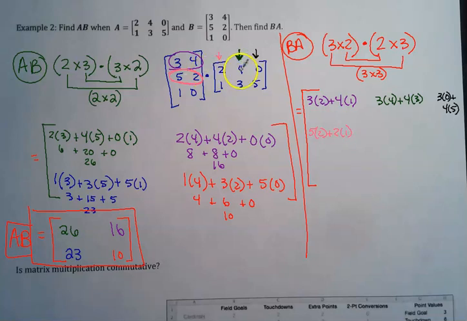So 5 times 4 plus 2 times 3. All right, and then on to our third column again. 5 times 0 plus 2 times 5.